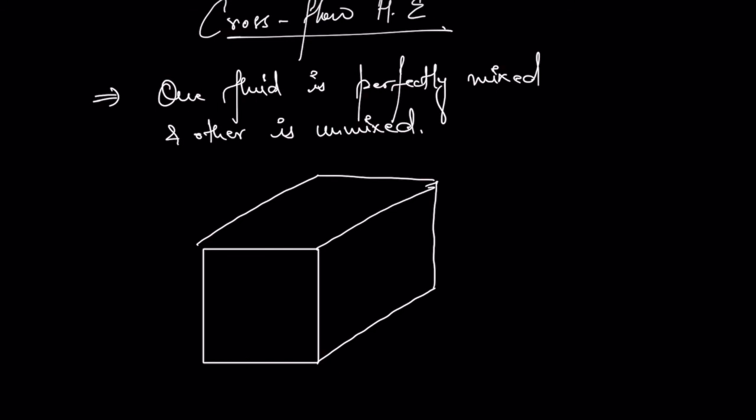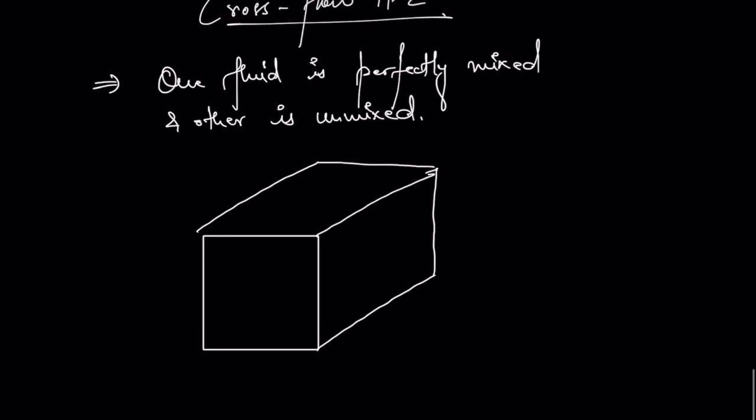Okay, suppose this is a box and we have tubes here. Let me draw the tubes. So we have tubes like this in the box.